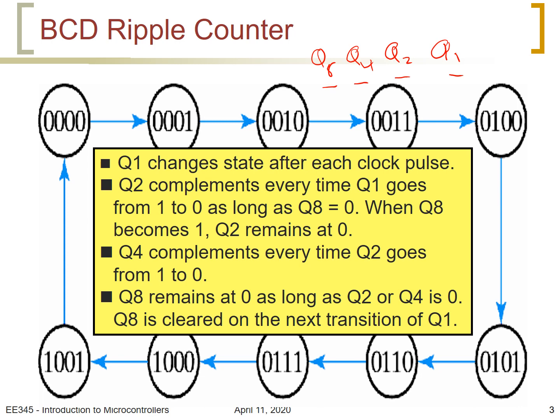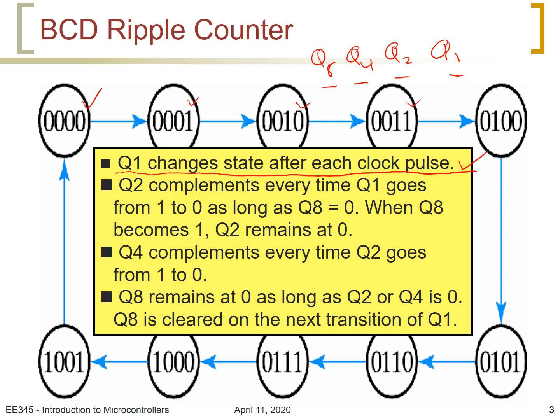Then, if we look at Q1, it was 0, and then 1, 0, 1, 0, 1, etc. We can conclude that Q1 changes state after each clock pulse or after each count pulse. So that is very easy.